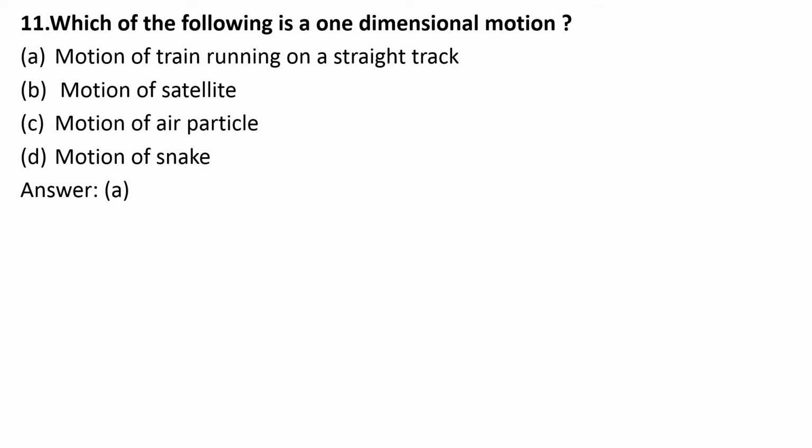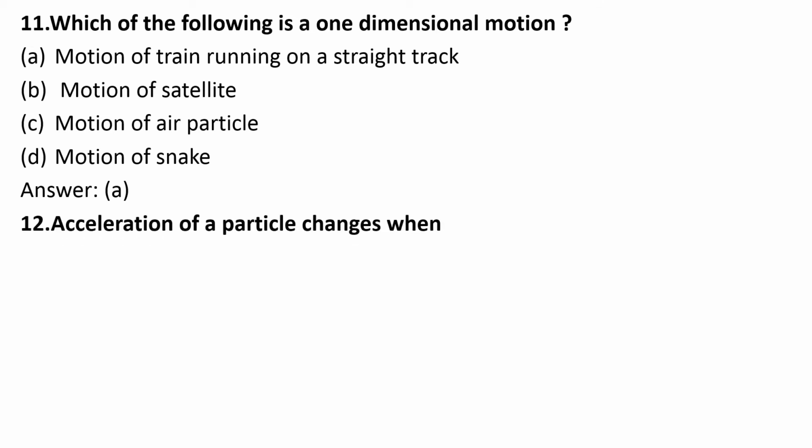It is also a three-dimensional motion, as three coordinates change with time. And option D, motion of snake, is two-dimensional because two coordinates change with time. So the answer is option A.